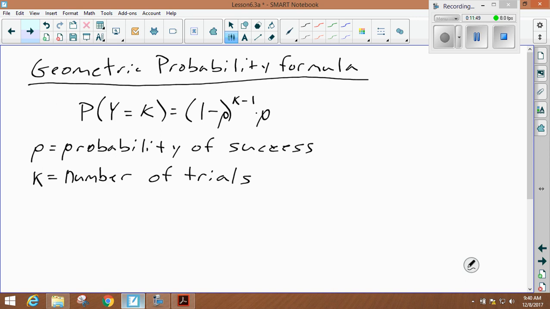So for instance, if you wanted to know the probability that you would get success on the third trial, you would have k equal 3, right, and so on. And if you wanted to know the probability of success in the first 3 trials, you would have the probability of Y less than or equal to 3, right?